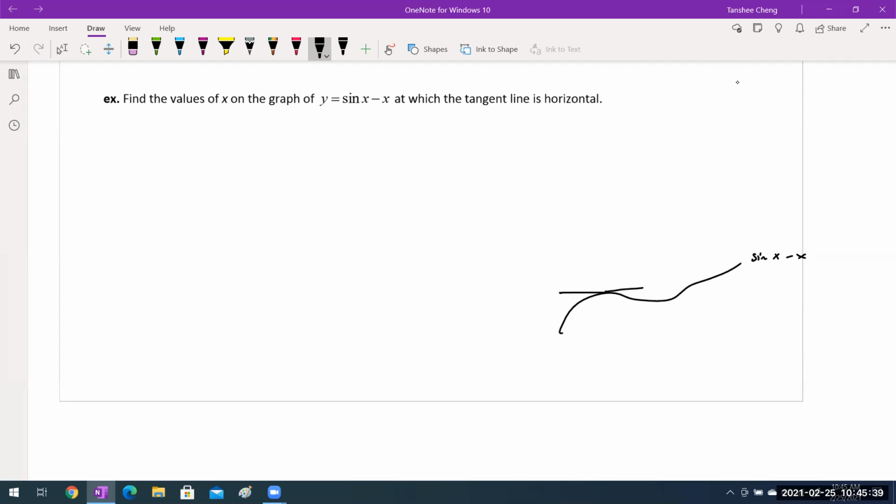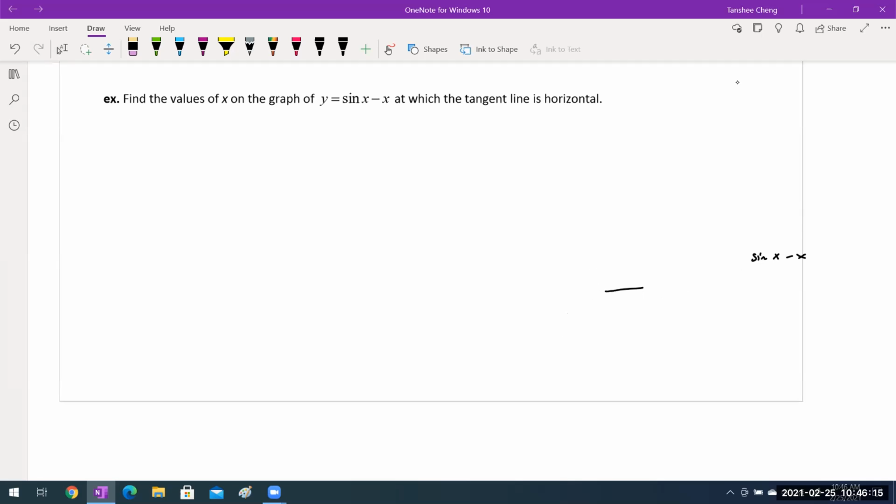Another way of saying it is that the first derivative of the function, which is related to the slope of the tangent line, should be equal to 0. And how do we relate the slope of the tangent line? The first derivative of the function. So we are looking for when the first derivative of the function is equal to 0, which x value gives you that.